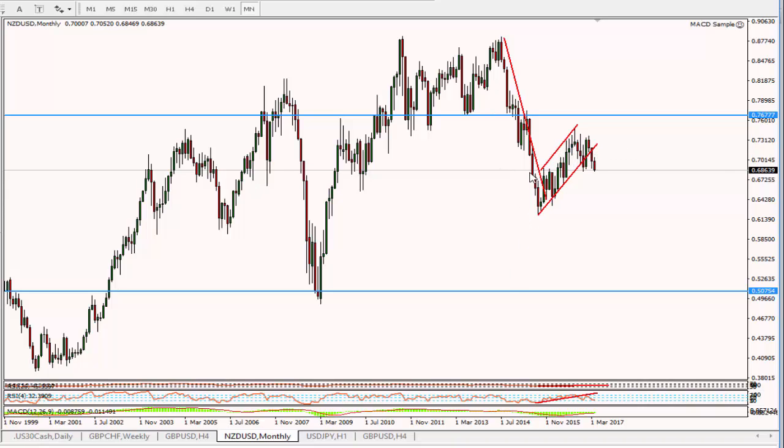Now by just looking at this pattern here, I know that I should not be thinking of doing any buying on this pair. I should be looking to sell, and we are going to break this down so you could see why is it that I'm looking to sell.